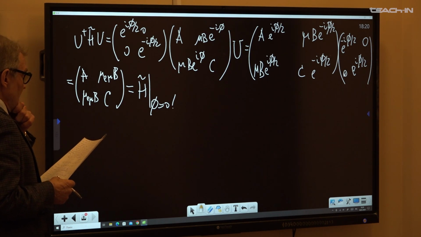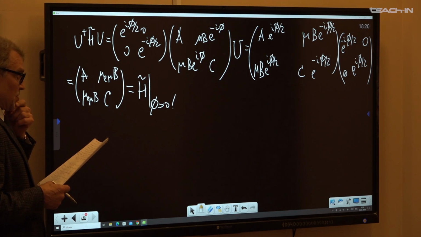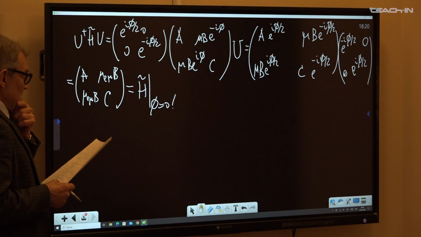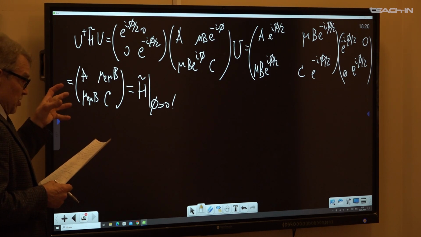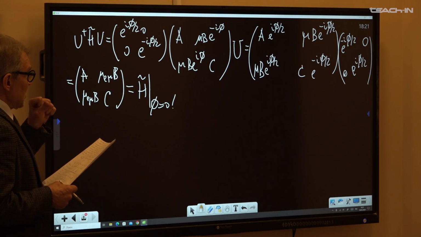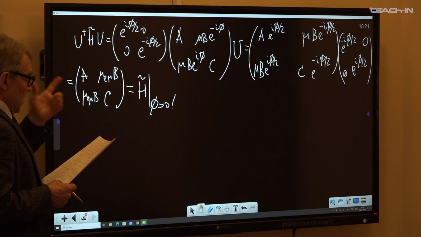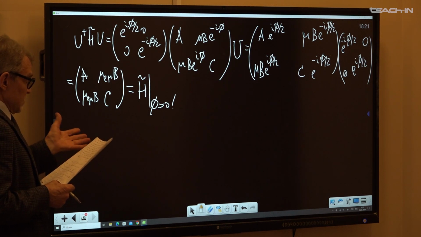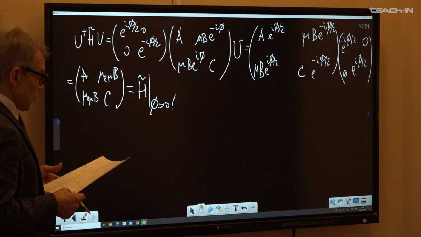Once again, the transformation between the initial neutrino basis and the neutrino basis prime corresponds to a transition to a rotating reference frame that is also parameterized by this angle phi, and the relation between these two bases is given by a unitary matrix.